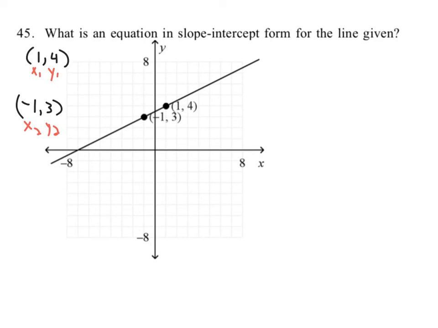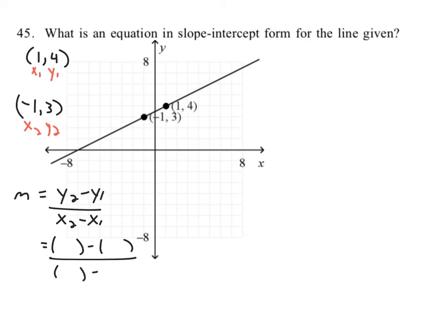And let's just first find the slope. Let's say m equals y2 minus y1 over x2 minus x1. And if we were to fill in those numbers, we say y2, 3, minus y1, 4, x2, -1, x1, 1.